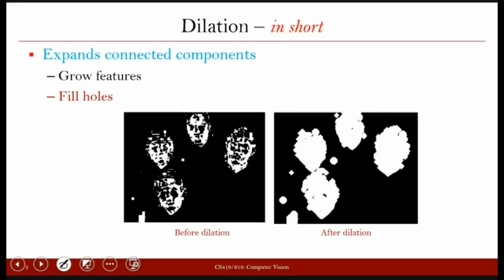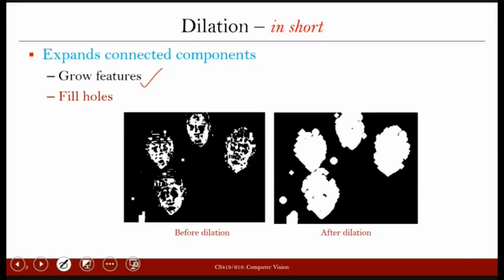In dilation, we discussed that when we perform dilation on any binary image, this grows features. That means it grows the size of the foreground object present in the image. Since the size of the foreground grows, new and new background pixels come and join the foreground object.